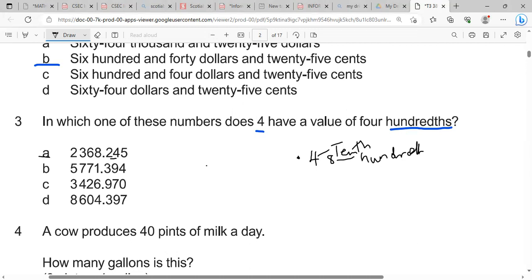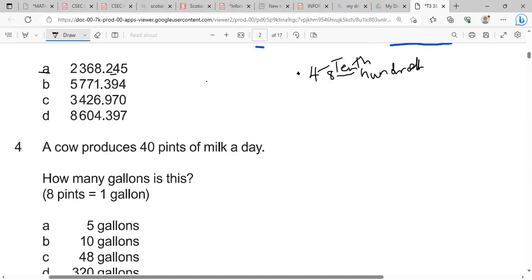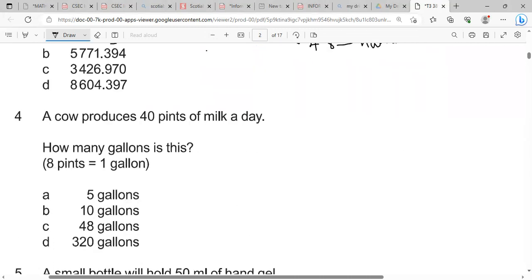Let's go now. A cow produces 40 pints of milk a day. How many gallons is this? And they give you the conversion rate. So they are saying that 8 pints is equal to 1 gallon. As I discussed with my students, you can even turn it around: 1 gallon is equivalent to 8 pints.